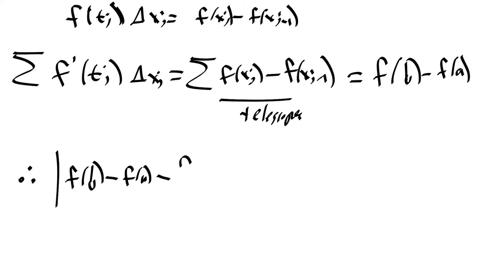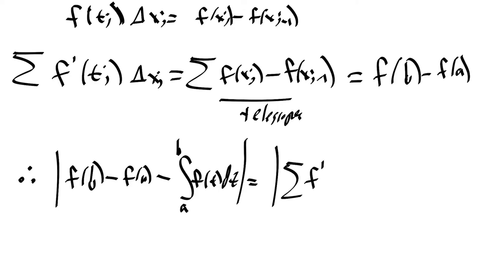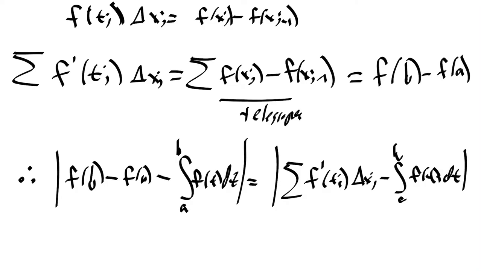Therefore, we get that f of b minus f of a minus the integral from a to b of f prime of t dt is equal to that sum of f prime of tj delta xj minus the integral from a to b of f prime of t dt.